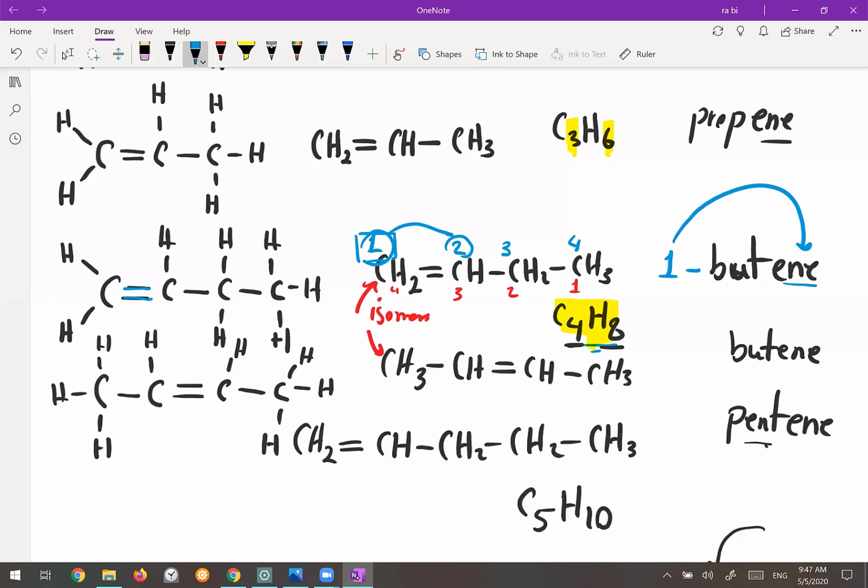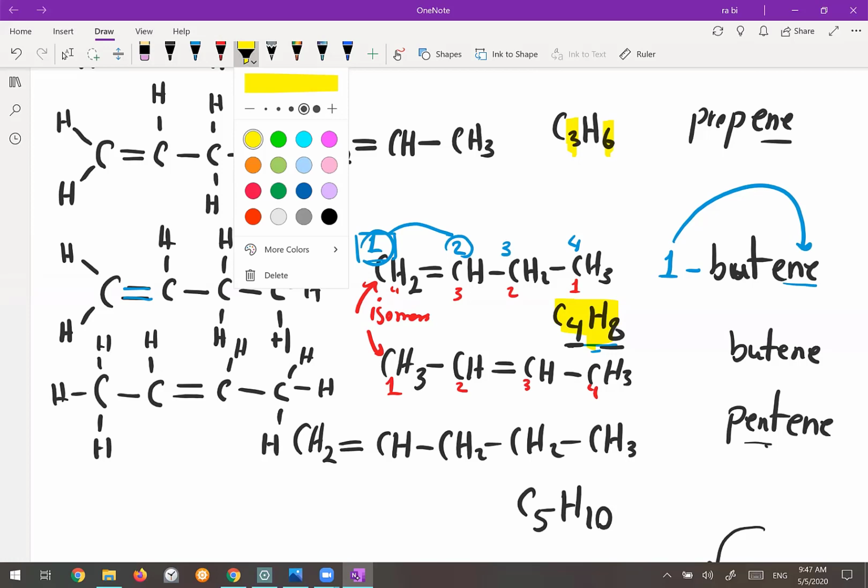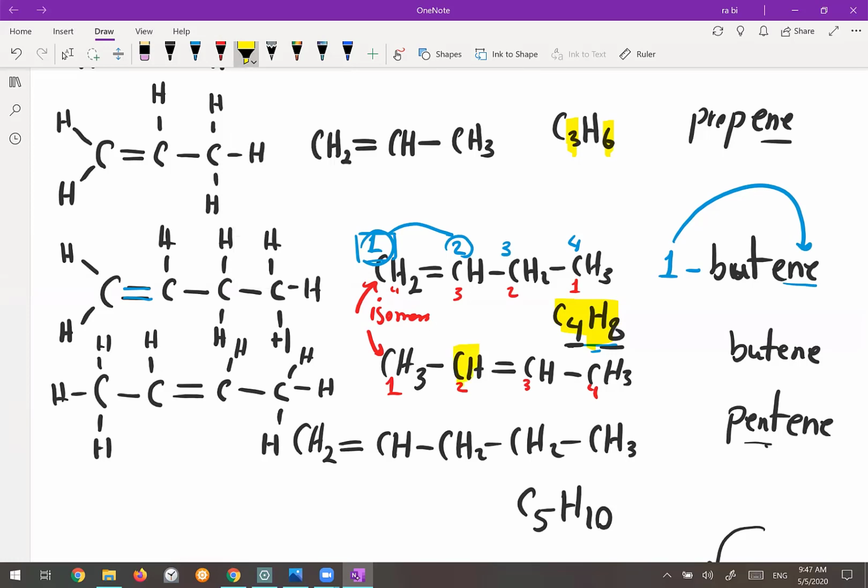For the second one, if I number it from the left side, this is carbon number 1, this is carbon number 2, 3, 4. And the double bond appears between carbon number 2 and number 3. So it's actually on carbon number 2. If I number it from the right side, this would be carbon number 1, 2, 3, 4. Again, from the right side, the first position where the double bond appears is the second position.